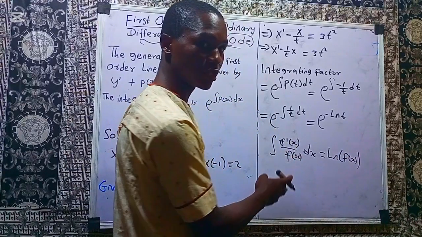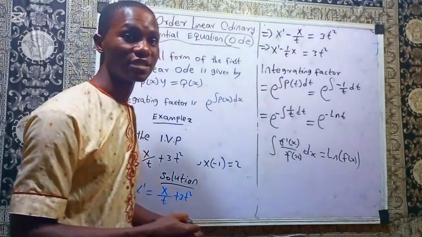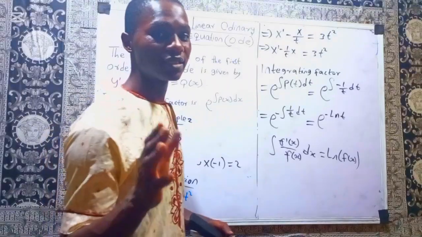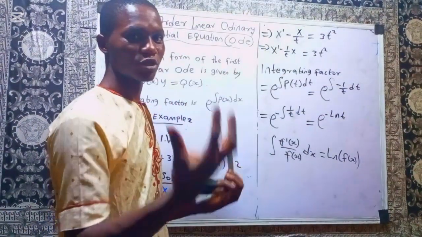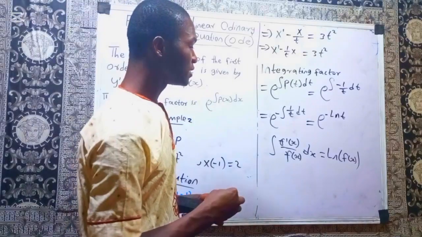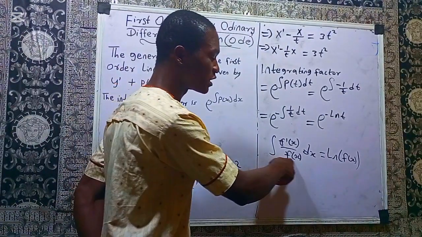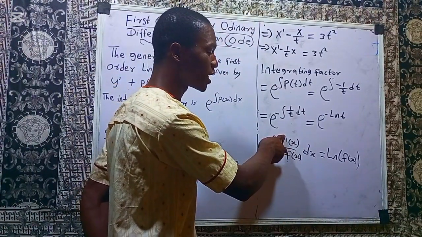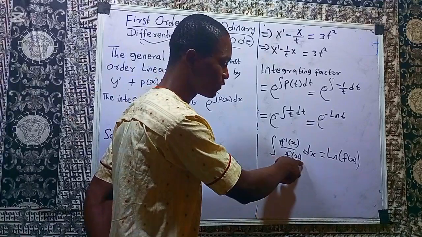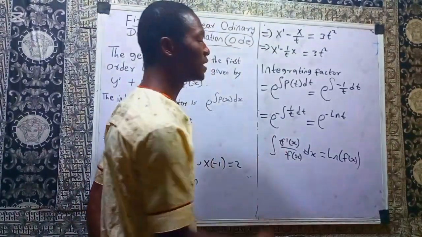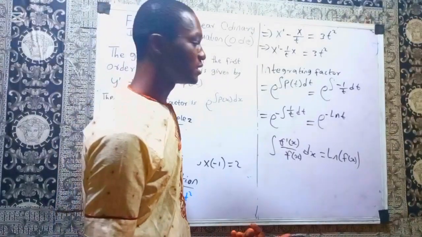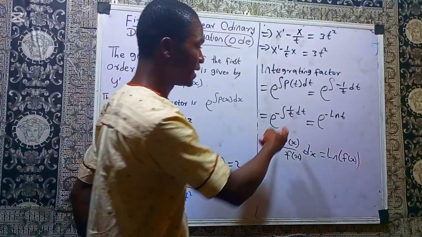What this is saying is that whenever you want to integrate a rational function in fraction form, if you differentiate the denominator and you get the numerator, then the result of that integral is the ln of the denominator.